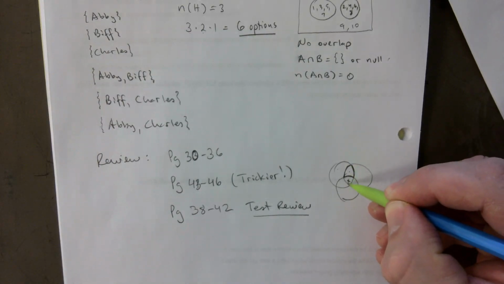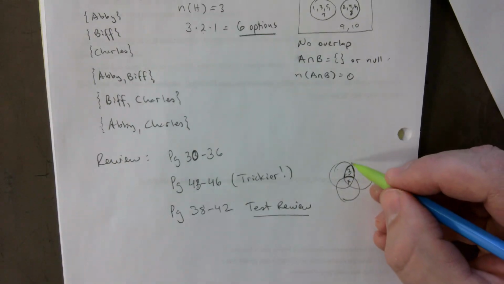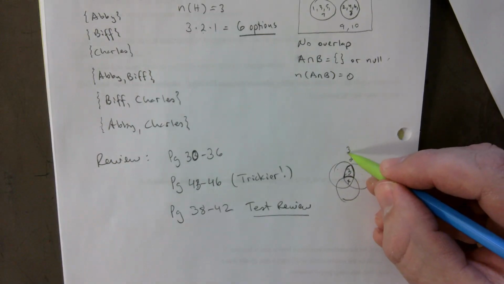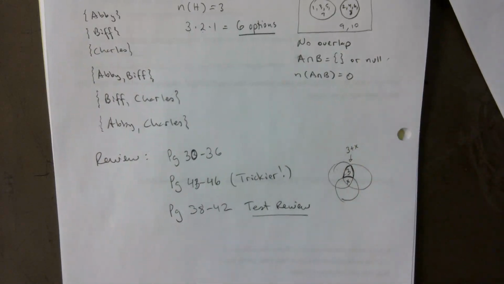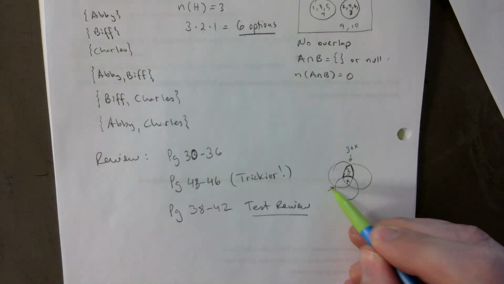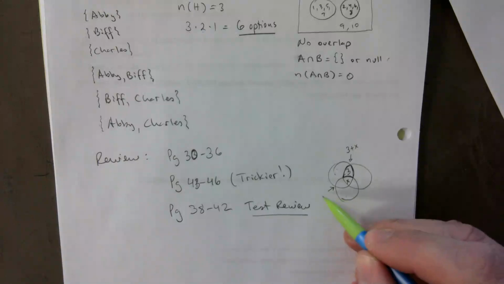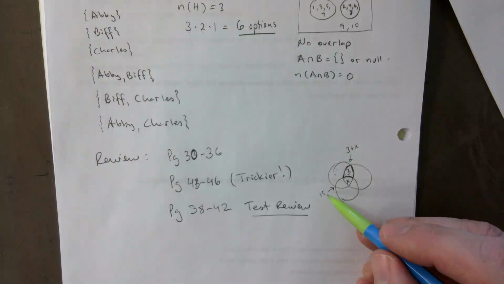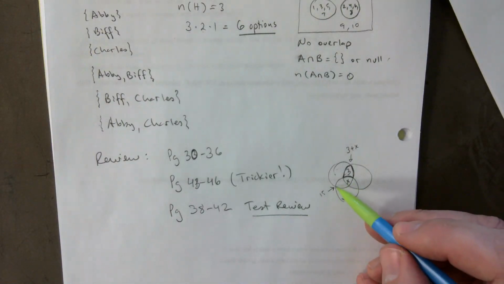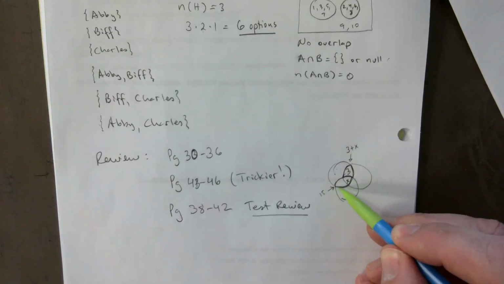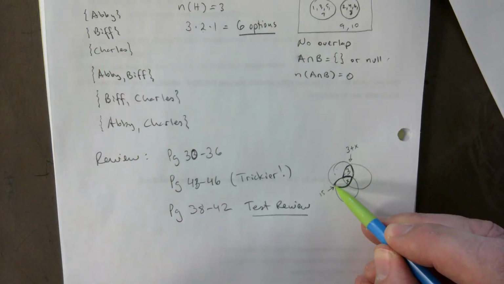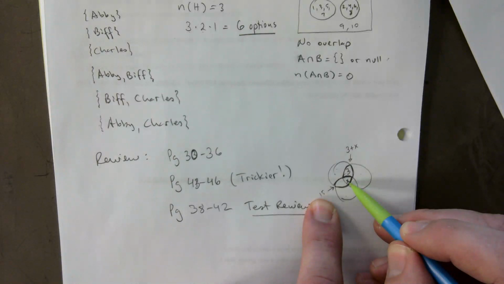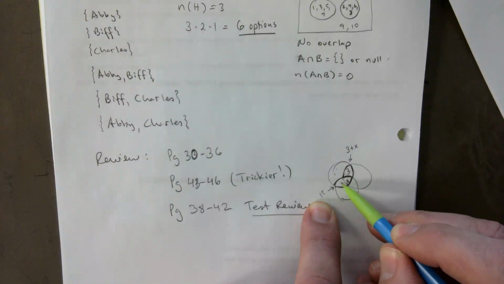So if this is x and that is 3, let's say, what's the intersection then? It's 3 plus x. So those are things you need to watch out for. Sometimes I may just give you the intersection. It just says this and this. If that's 15 for whatever reason, it is 15. Don't be going 15 plus x, because it is telling you what this whole intersection is. Once you find out what x is, let's say it's 2, then you can go 15 minus 2 to figure out this chunk right there.